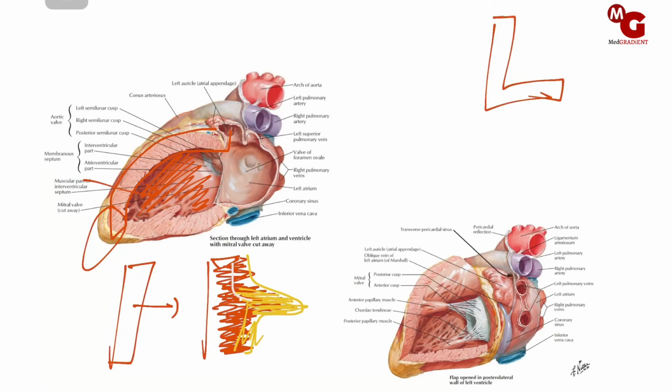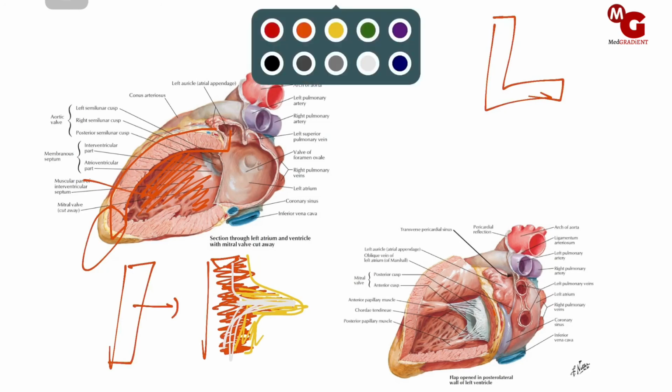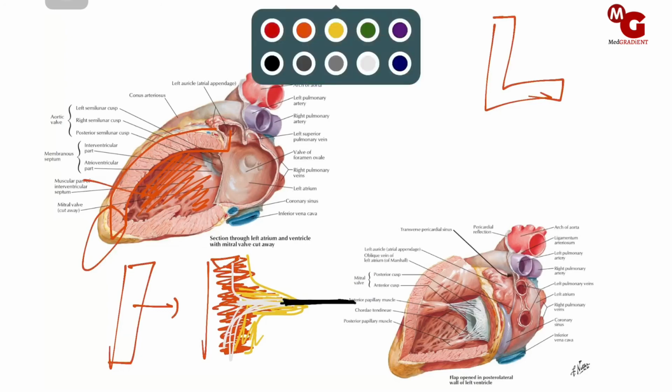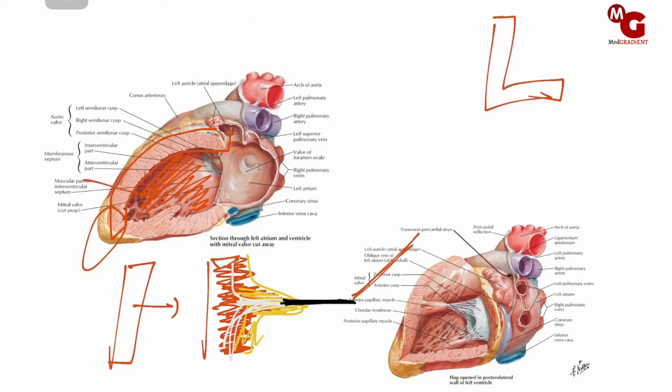And now there are the Purkinje fibers, that is the nerve fibers coming out over here, and they continue as the chordae tendineae, and they attach to a muscular flap of the wall.